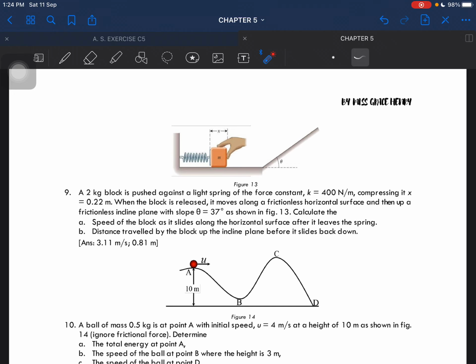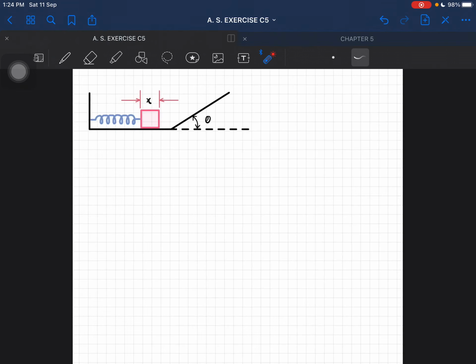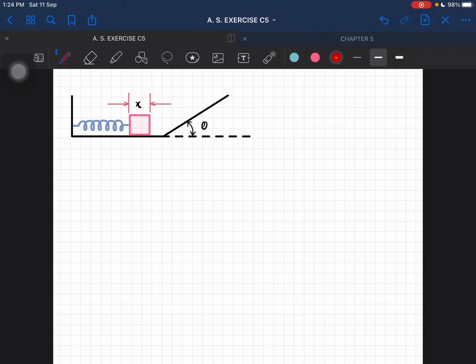Alright, I know the question is quite long, but the steps are actually quite simple. I've drawn the situation, the diagram. So what do we have?